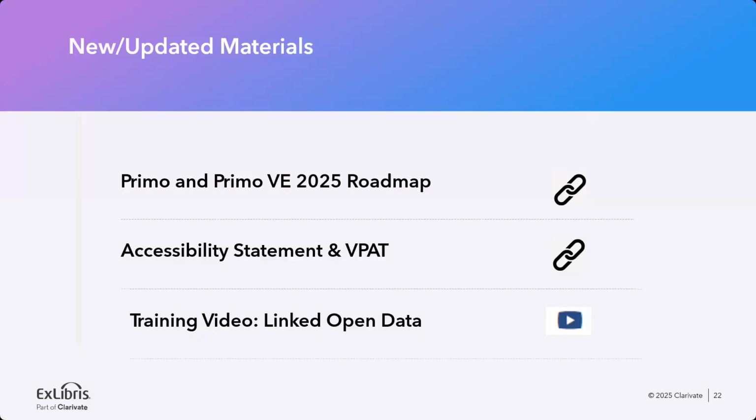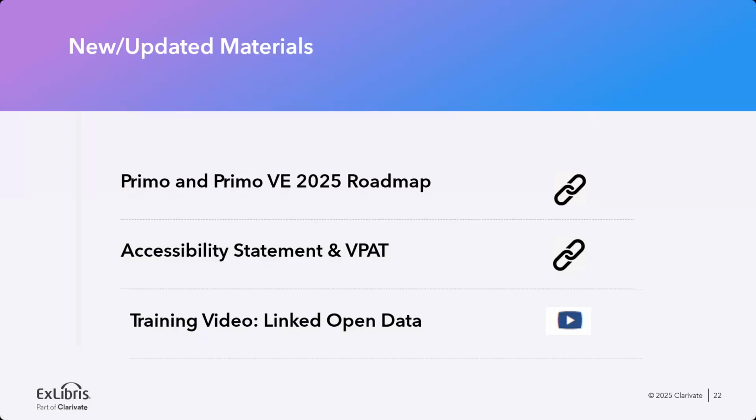The first one is the roadmap that we published, and we sent you an email about it today. There are slight changes in the structure of the roadmap. The first is that we introduce a unified roadmap for Primo and Primo VE, Primo Classic and Primo VE together.